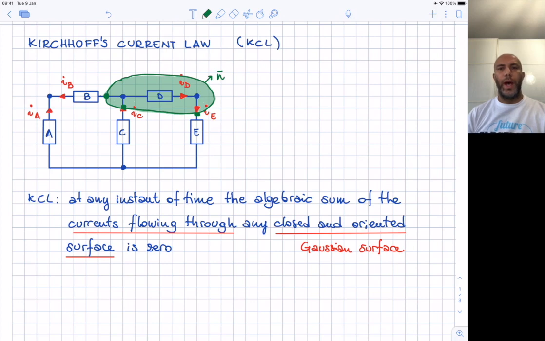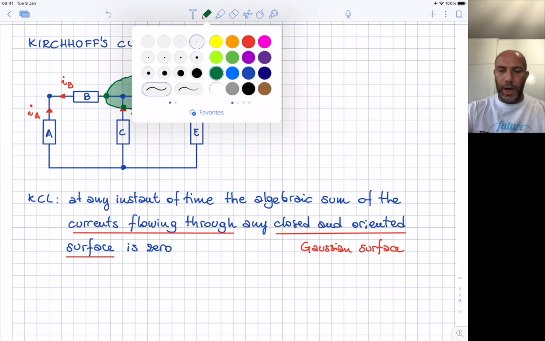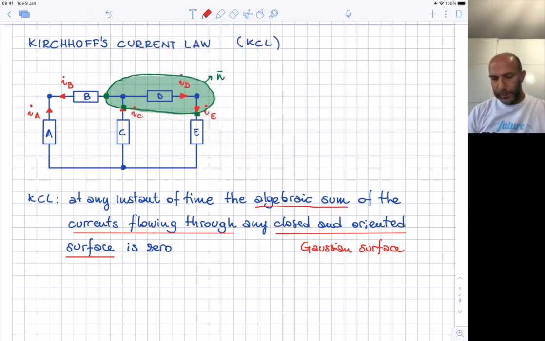So actually we have identified 3 currents that are flowing through the surface. For these currents, we have to make the algebraic sum. Algebraic sum means that we have to consider for each current the correct sign.